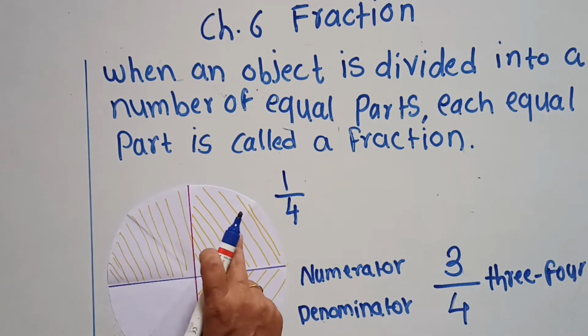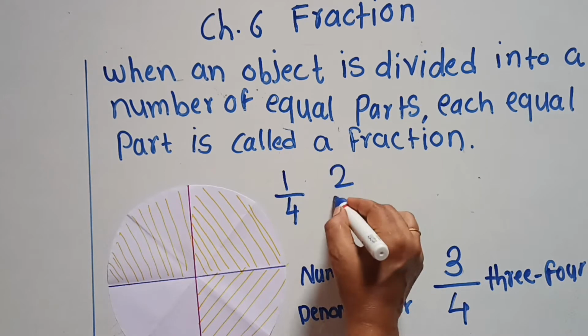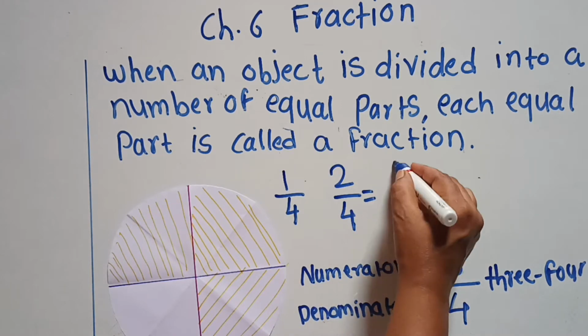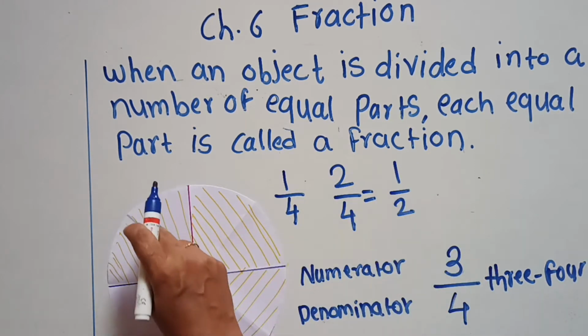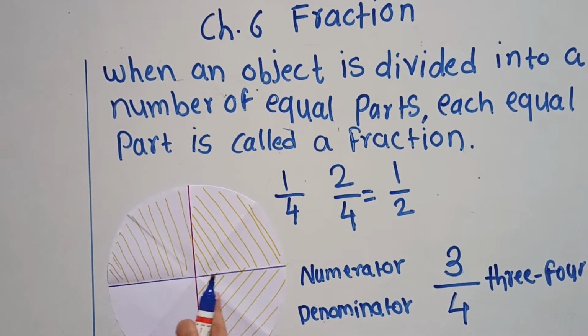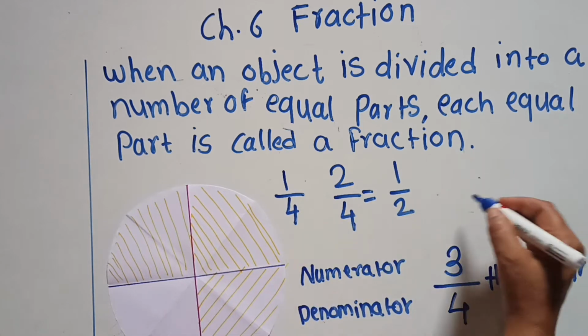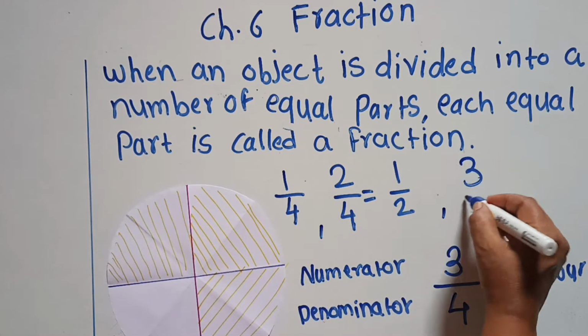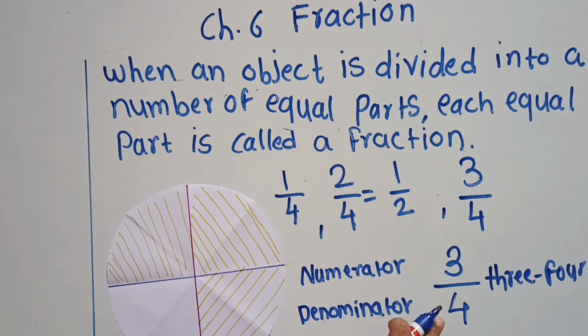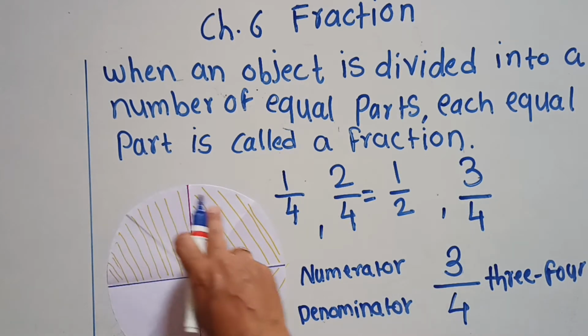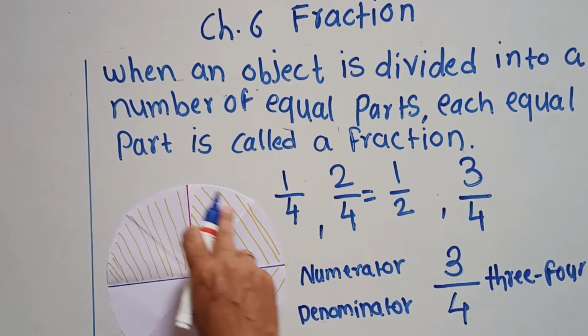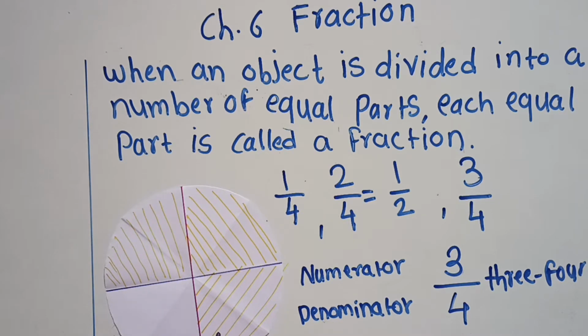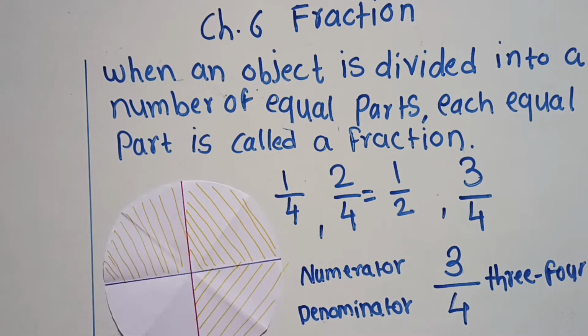If we take 2 parts, it means 2/4, and 2/4 means 1/2. If we take 3 parts out of 4, the fraction is 3/4. And when we take a whole part, it means the whole object, one object. Now you know about the fraction.